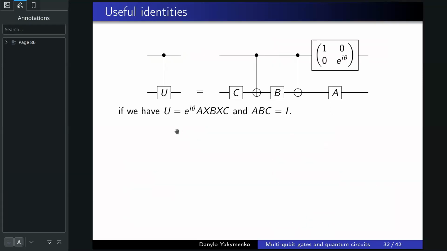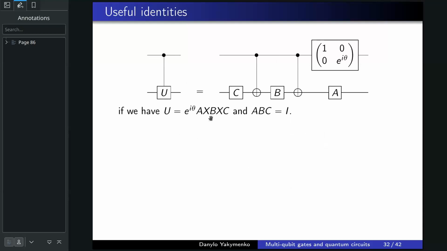Okay. Some more involved identity. What we have on the left is the controlled version of this single qubit unitary. And suppose we can express this single qubit unitary in this form.